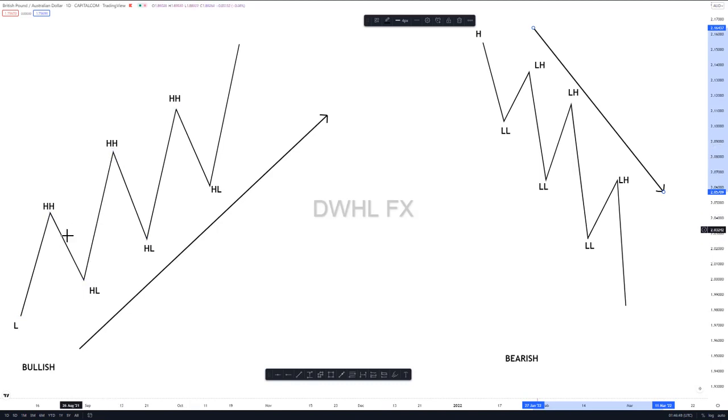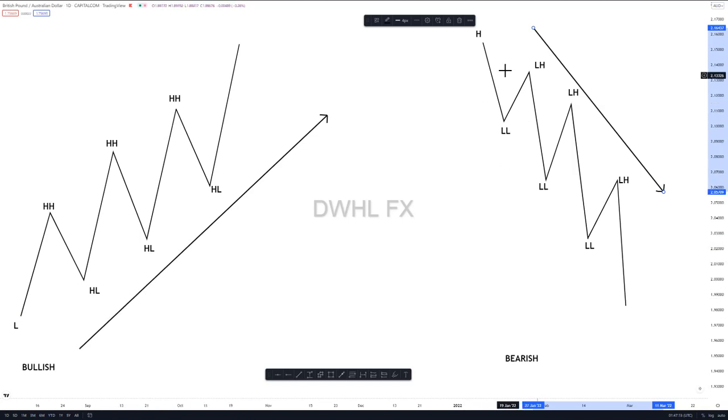So let's say if price is around this area, instead of rushing to enter here, you just have to wait patiently, because after a break of structure, price will definitely retrace or pull back into your higher low zone, and you can easily join the uptrend or the bullish market.